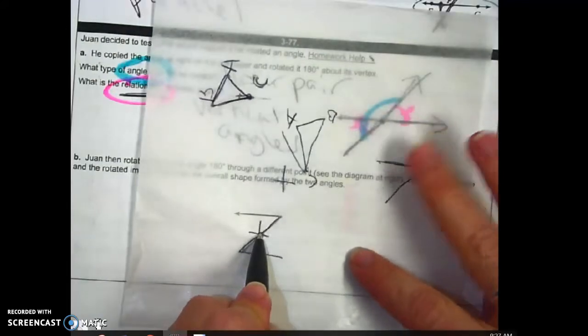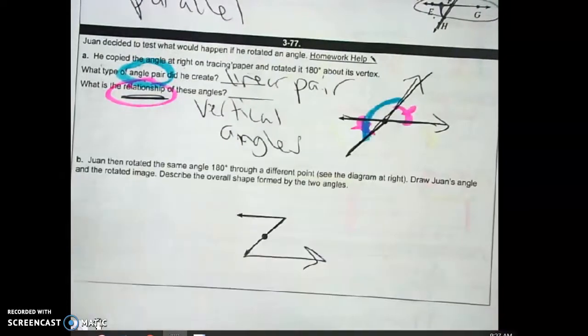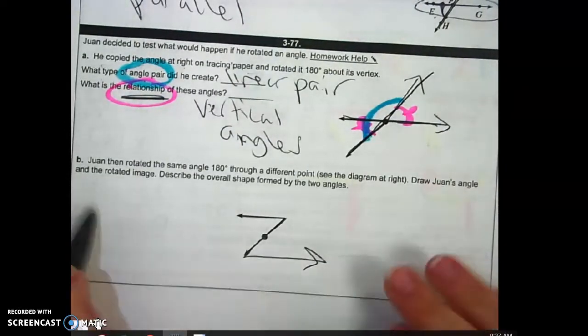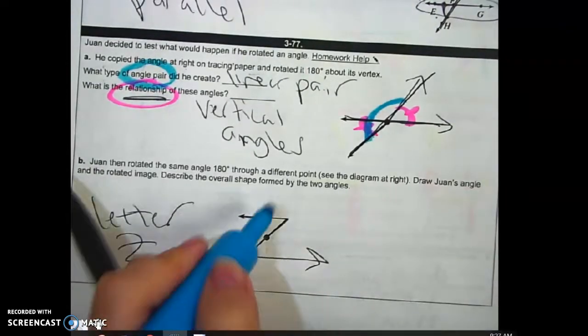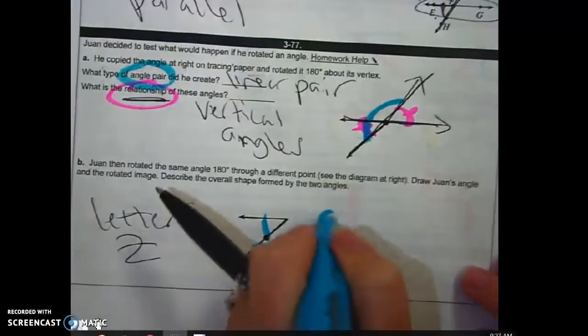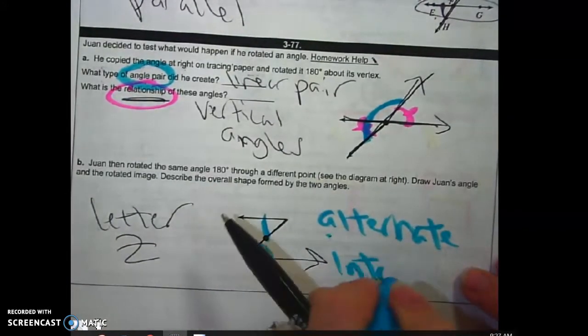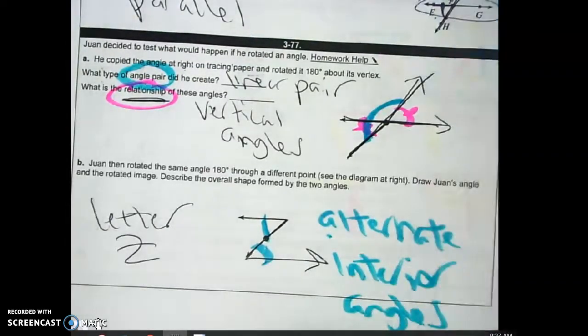So it still makes a T. And if you look, it looks like it makes the letter Z. Okay? Rotate the same angle, draw ones and describe the overall shape. It's the letter Z, which means that these two are alternate interior angles. Okay? And that's my guess, that's your homework. Done.